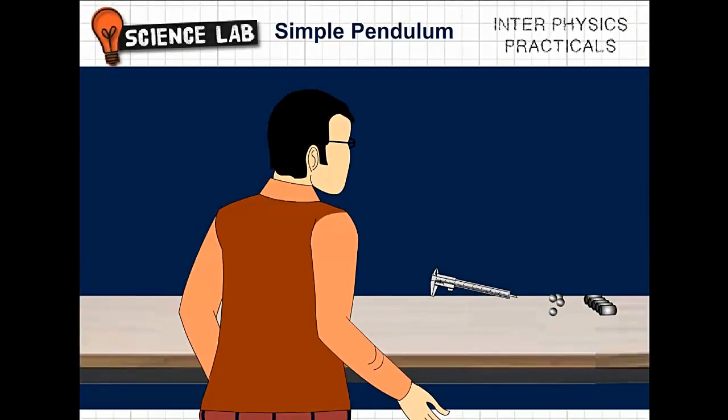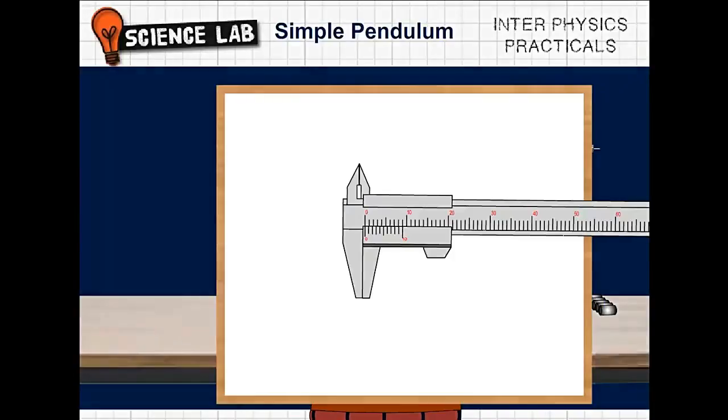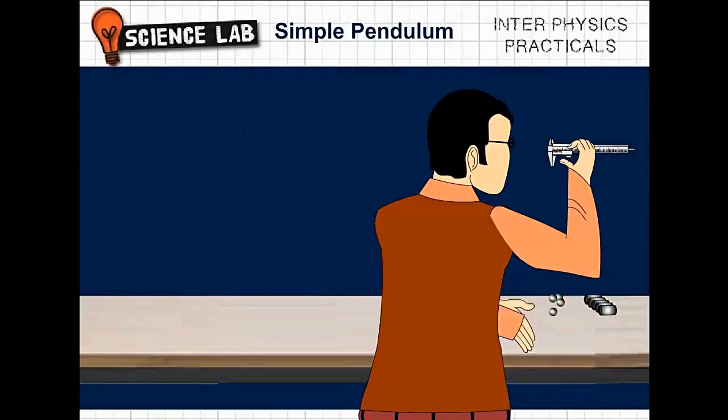Measure the diameter of the simple pendulum bob with a vernier calipers. Zero error of the vernier calipers is 0. Least count of the scale, LC, is equal to 1 main scale reading by number of vernier divisions, 1 mm by 10, equal to 0.1 mm, equal to 0.01 cm.